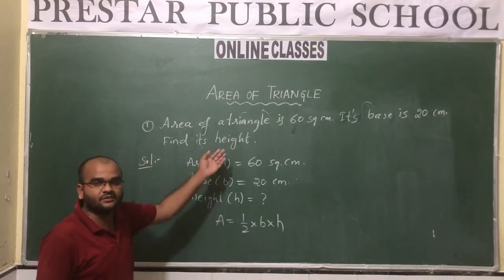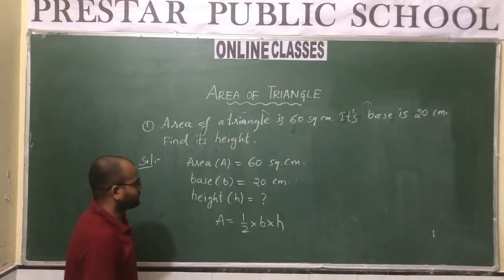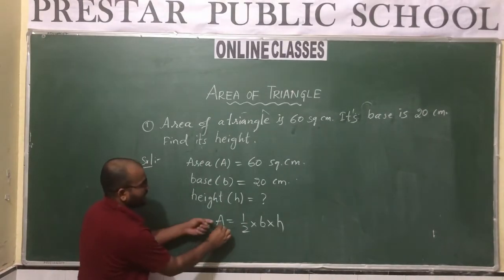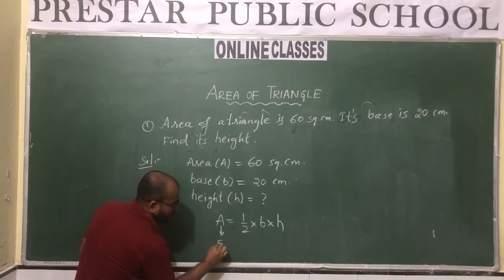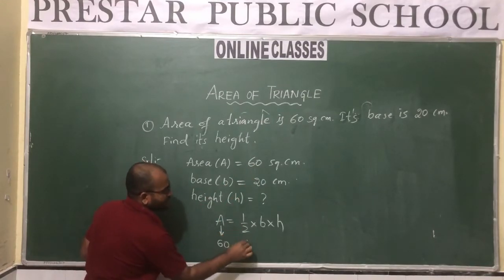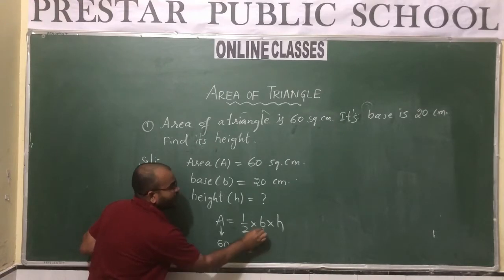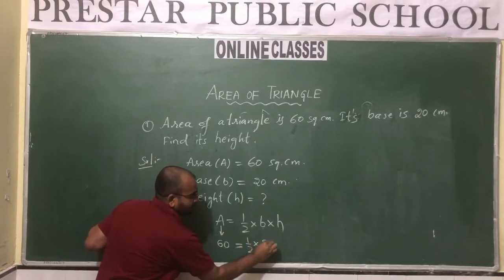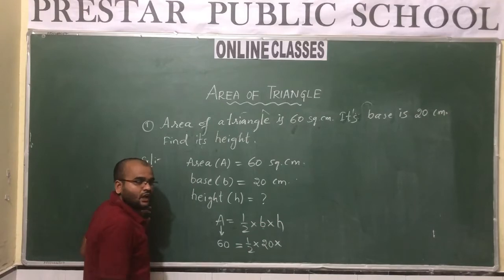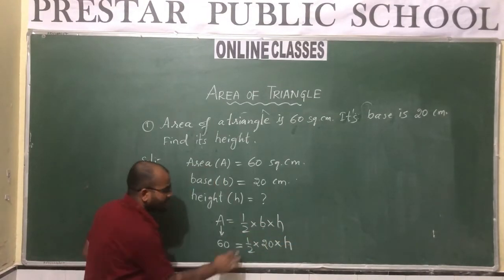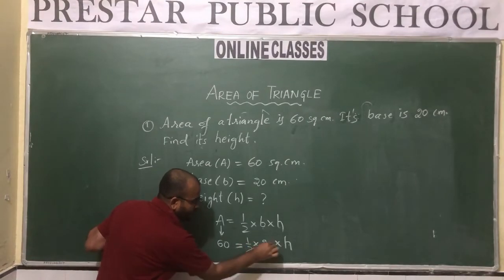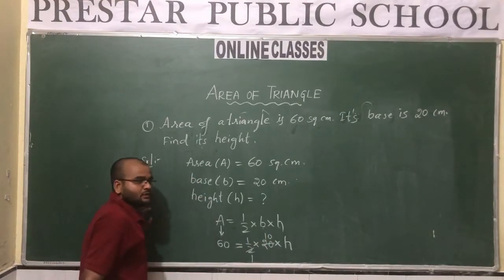Now substitute the given values in this formula. Area, how much? 60. In the place of area, we write 60. Next, 1 by 2 as it is. Base, how much? 20. And height, we don't know, so write H as it is. Here, any cancellation? 2 tens are 20.